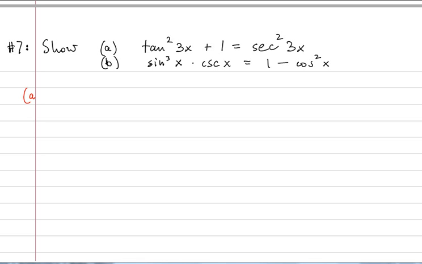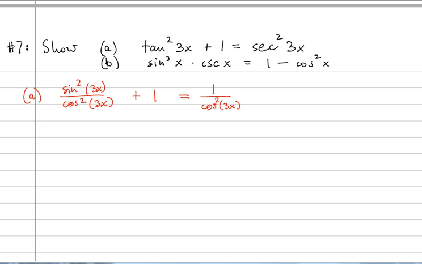So for part A, let me write tan as sine over cos, and then I have tangent squared, so I have to square these two. So I'm asking, is this equal to secant squared of 3x? Secant is 1 over cos, so I have 1 over cos, but that thing is squared. So I'm asking whether this is true.